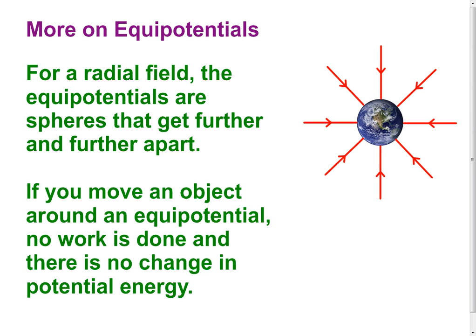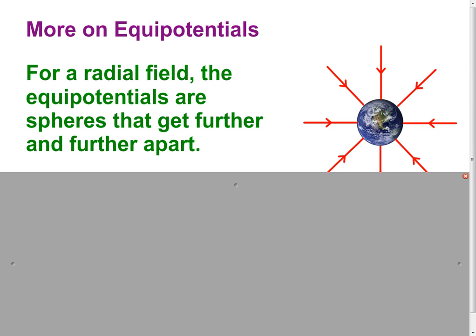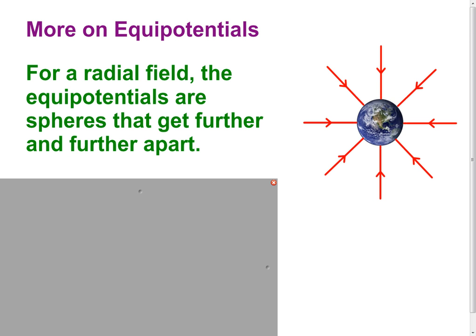So just to finish off, a little bit more on these equipotentials, just to reinforce what we've just said. In a radial field, the equipotentials are spheres, and they're spheres that get further and further apart for the same increment of potential.